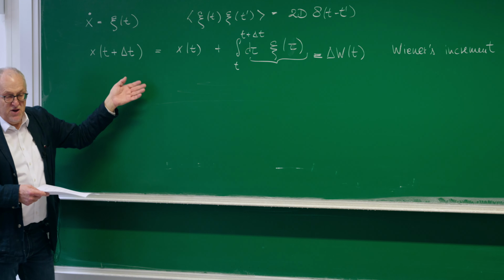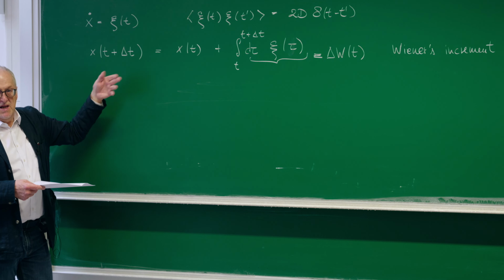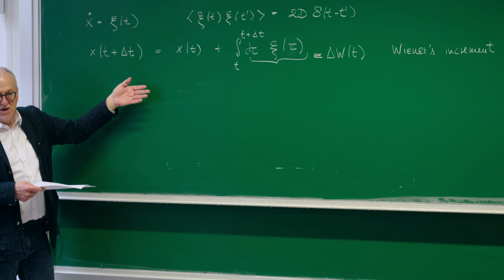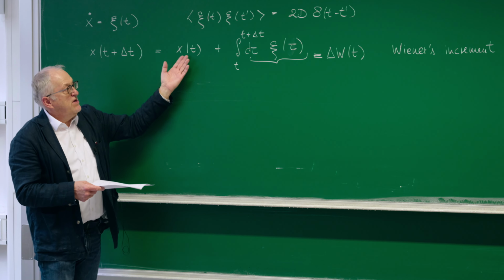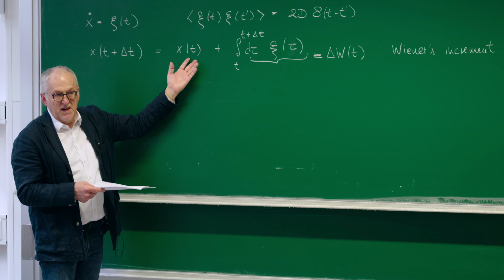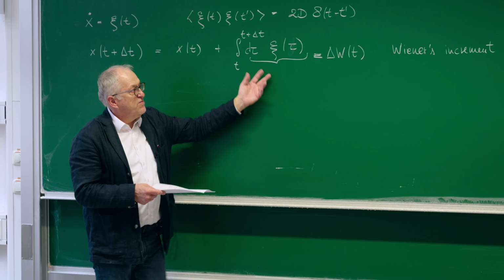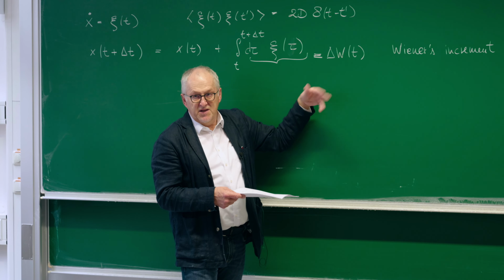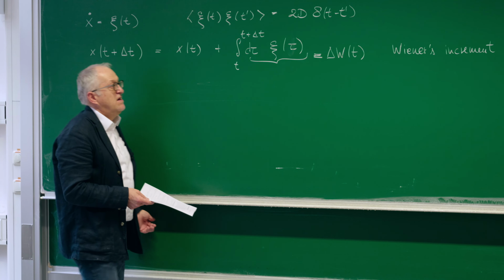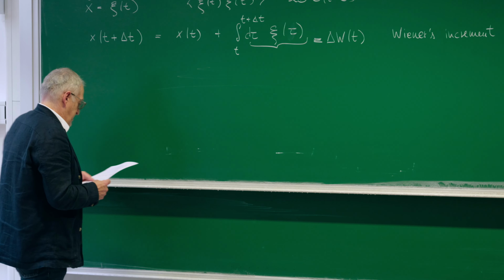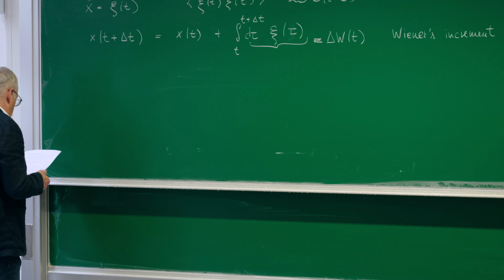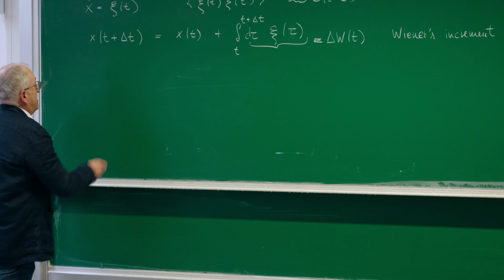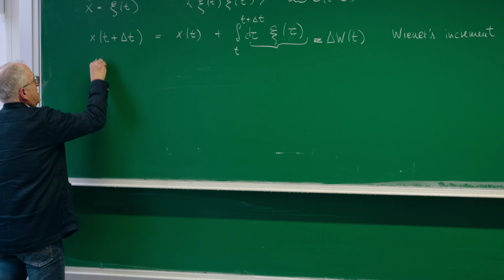The additional complication that comes in incrementing a stochastic differential equation is that you not only have these deterministic increments, you also have increments called the Wiener increments that are stochastic variables. I need to worry about what this means, what these stochastic increments mean.